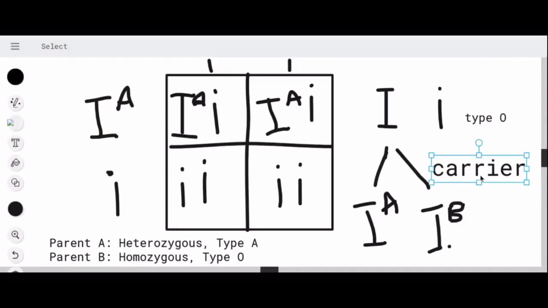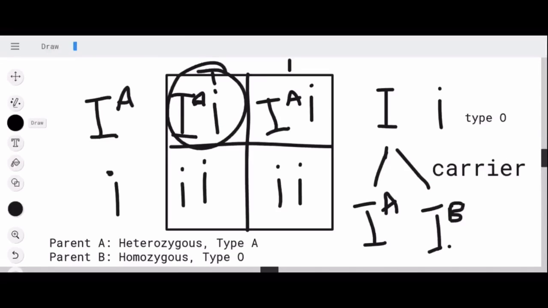So you're a carrier for type O. So this child in the top left, for example, is a carrier for type O blood because they have the recessive gene, but it just doesn't show. And so that's what a carrier is. I should have explained that earlier.